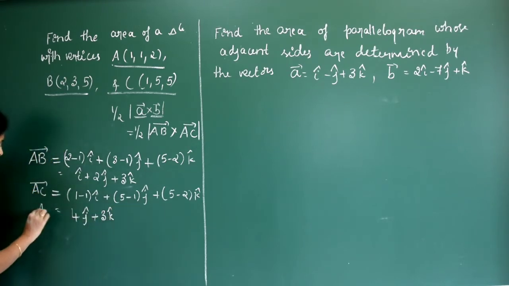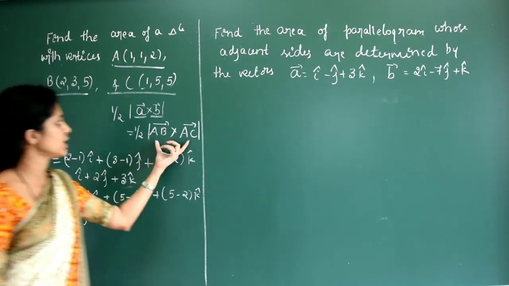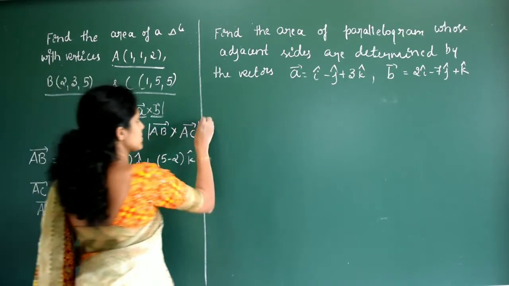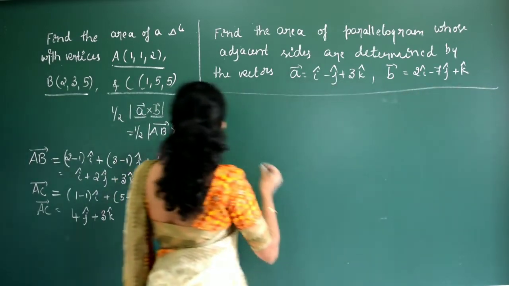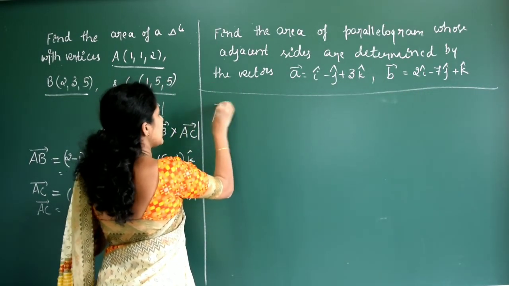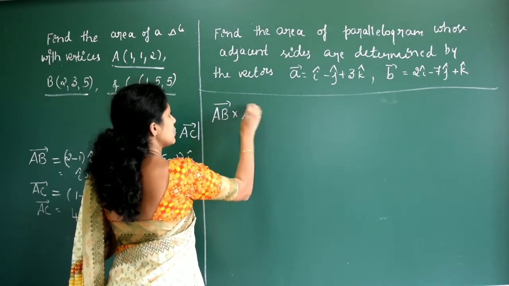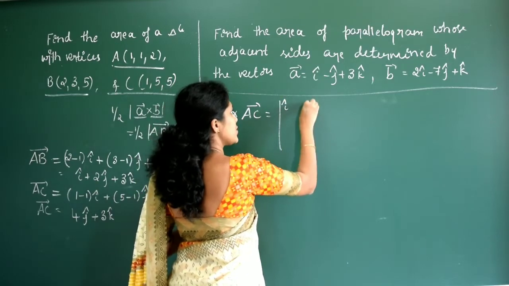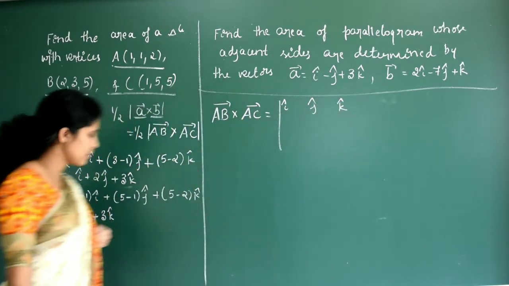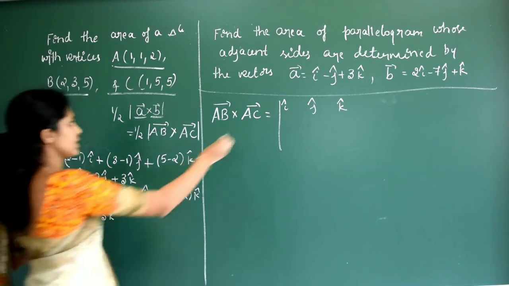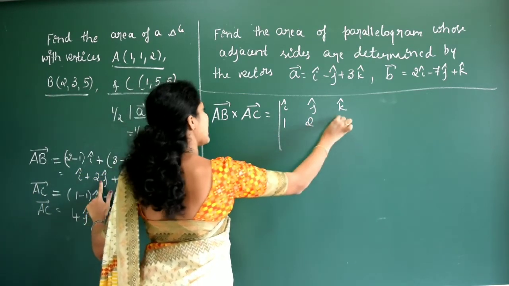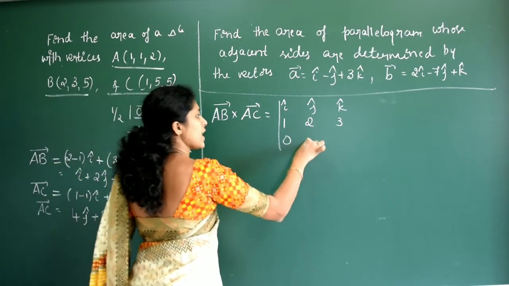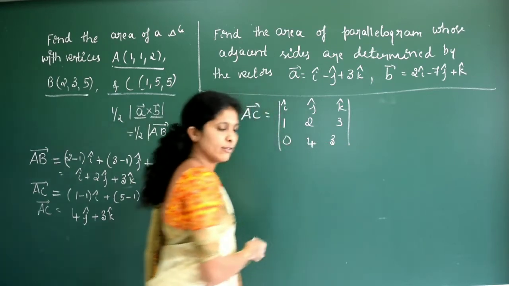We got AC vector. Now before finding the magnitude, we have to find the cross product of those two vectors, right? So we'll find the cross product AB vector cross AC vector. How to find? Determinant. First row will be I cap, J cap, K cap. Then elements of AB vector are 1, 2 and 3. AC vector is I is 0, J is 4 and K is 3. Right? We'll expand this.